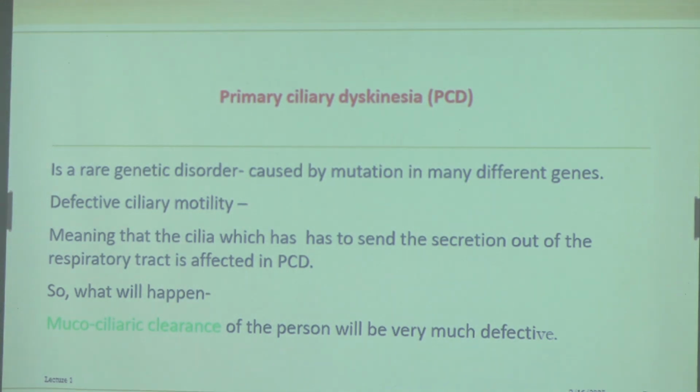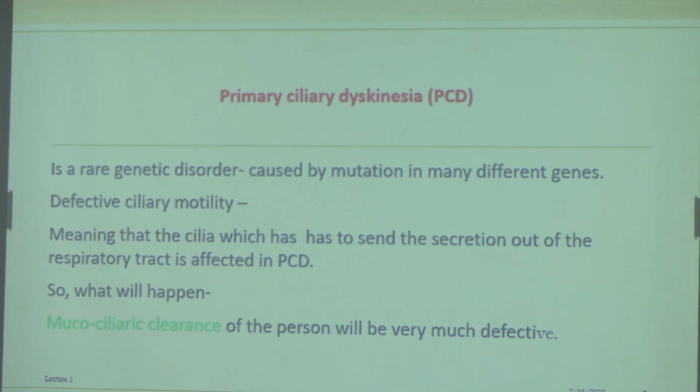Basically, it is a rare genetic disorder. It means in this PCD, there is a high chance of mutations in different types of genes. Though the physiological features are known for PCD, it is very difficult to say what types of genes mainly regulate PCD, or the proper functioning of what types of genes is essential.